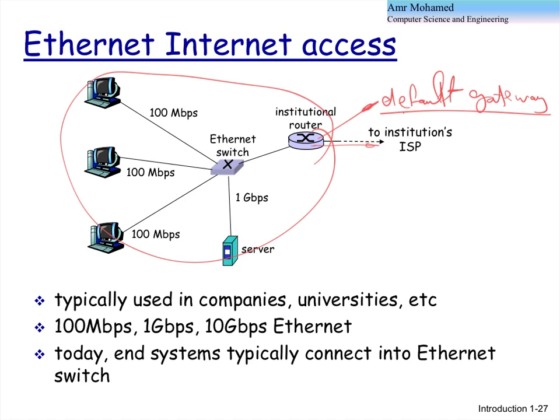This default gateway routes the entire traffic of QU to the network of the internet service provider, ISP, which is Ooredoo, Vodafone. And you may have multiple default gateways, each one connected to a different vendor, or multiple gateways connected to the same vendor.